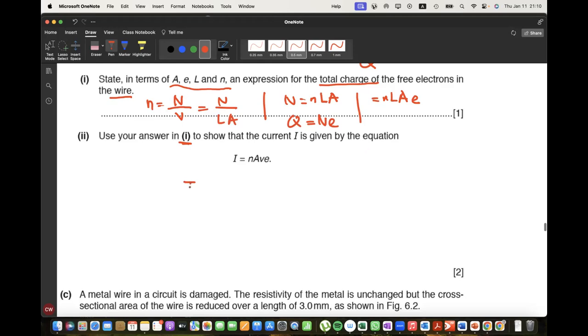What is the formula for I again? Do you have the formula for Q? NLAE. Is this one equal to this one? How to make it equal?